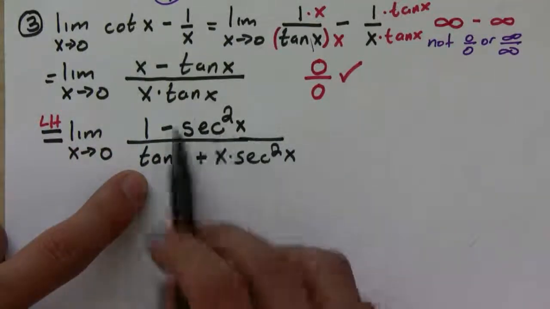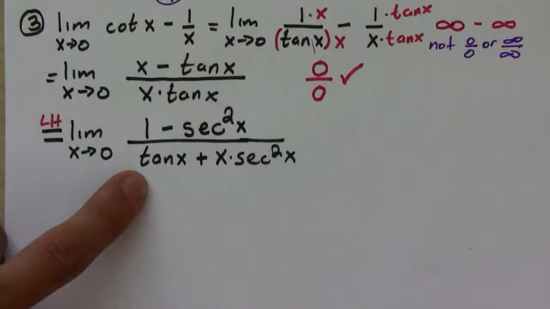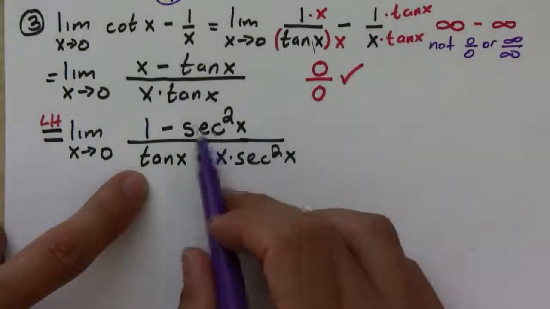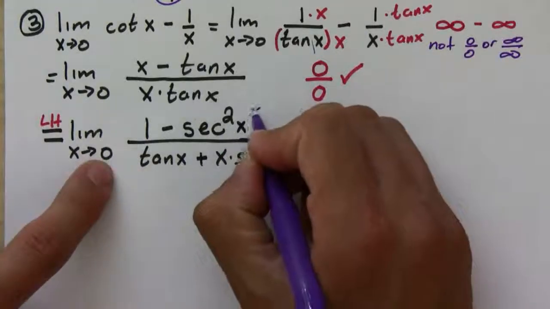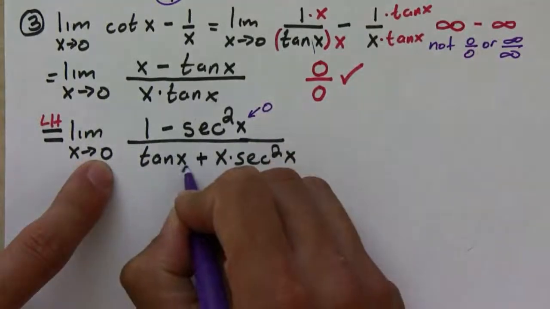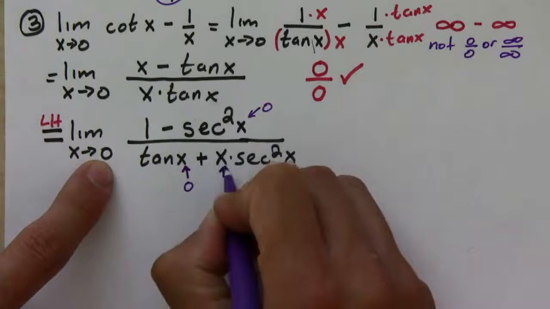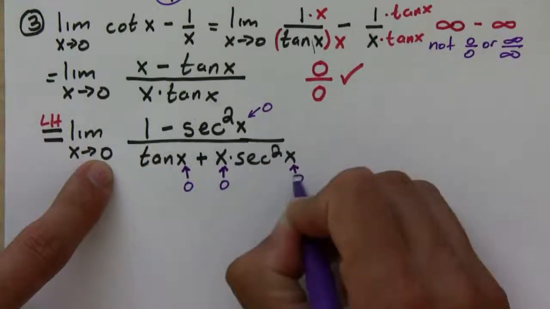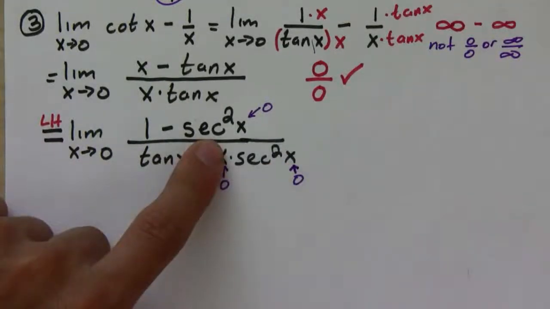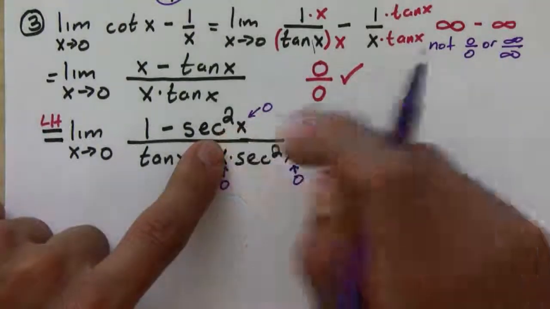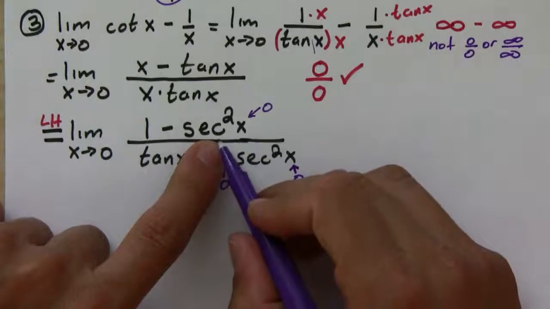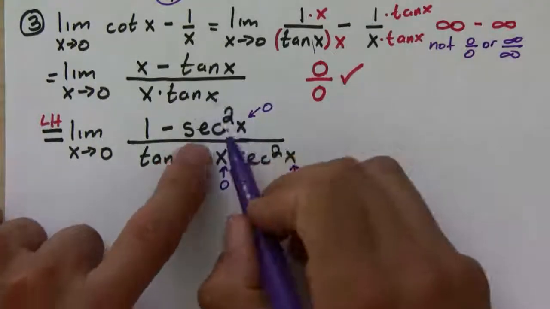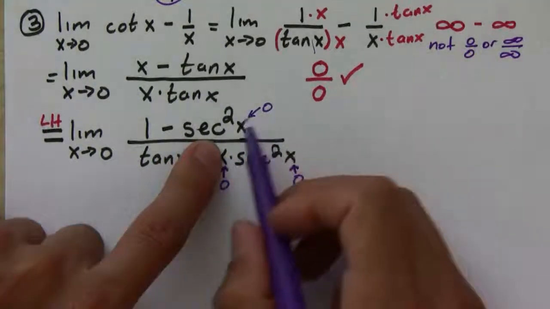Okay, so then you look at this again and you try to plug in the value. So we need to plug in 0 into all these little x's and see what we get. Remember that secant is 1 over cosine, so when I see secant squared, I'm thinking of 1 over cosine squared.